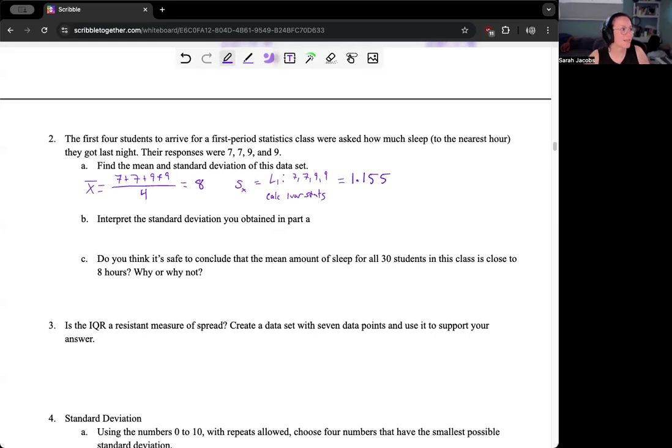So I'm going to say the standard deviation, so we're going to be specific, the standard deviation of the hours of sleep is about 1.155.